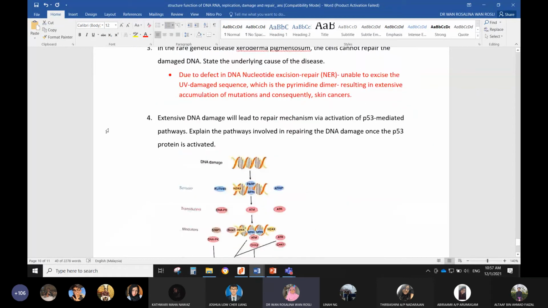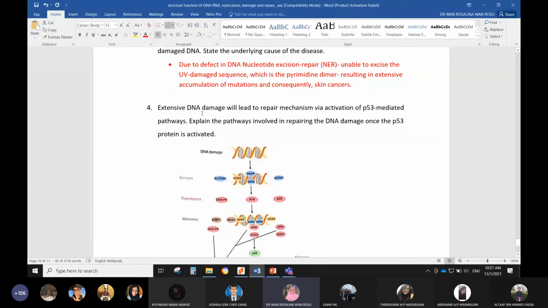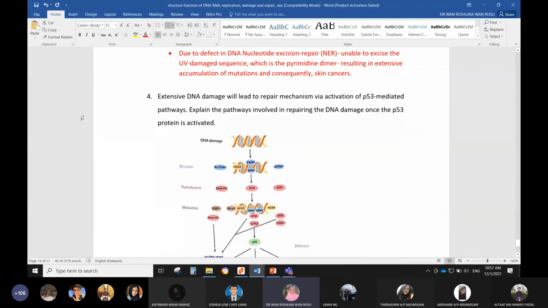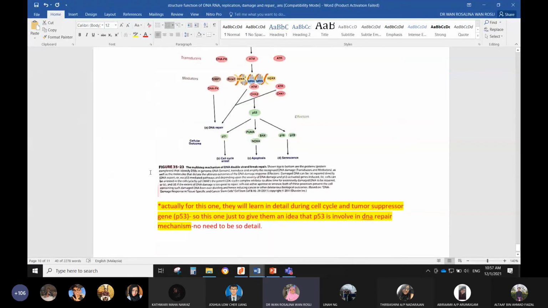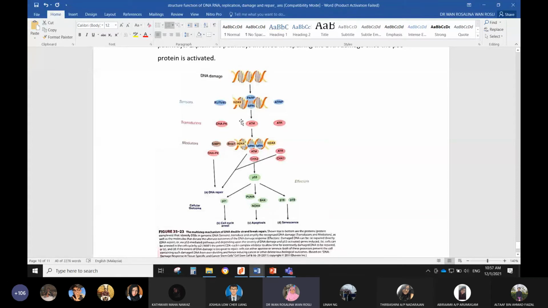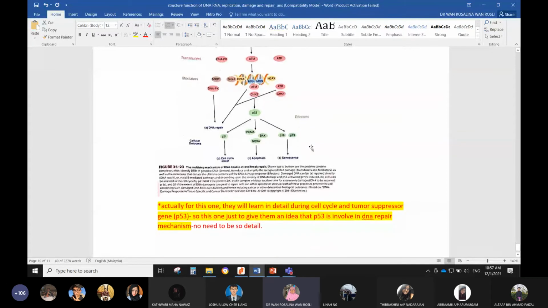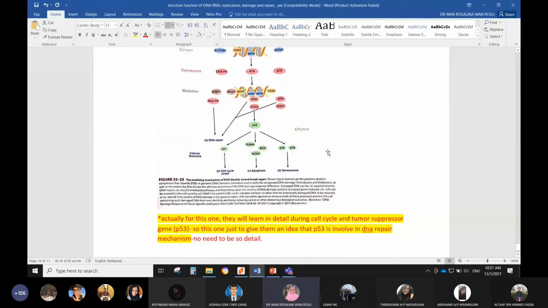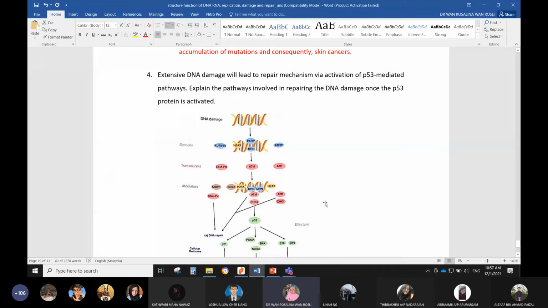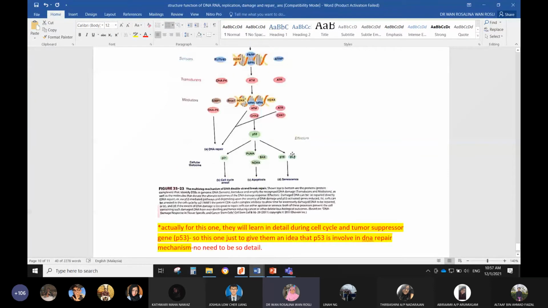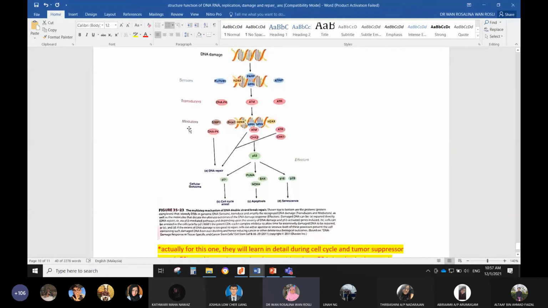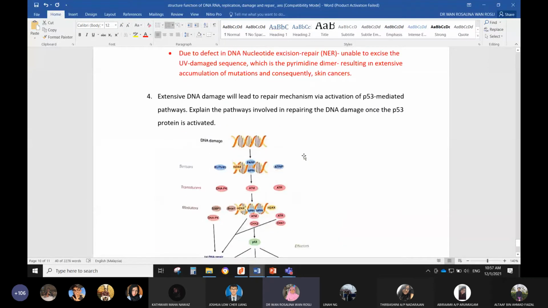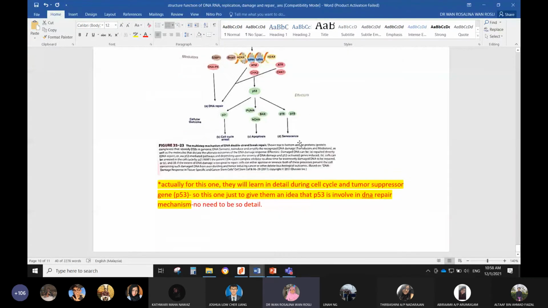And then, all right, so for the last one, this one is just okay, because you will go through this in the cell cycle and tumor suppressor gene topic. You will go through this more later, but just to highlight that the p53 gene is actually involved in the DNA repair mechanism.